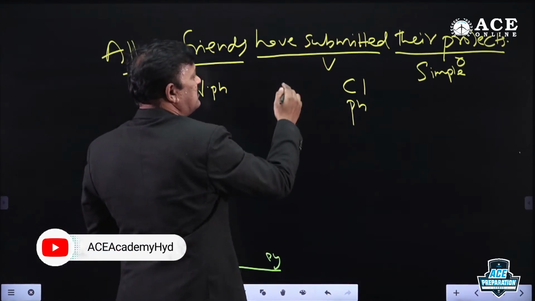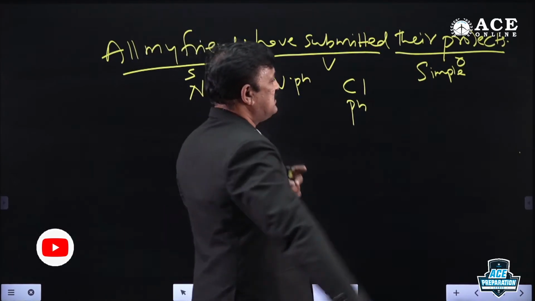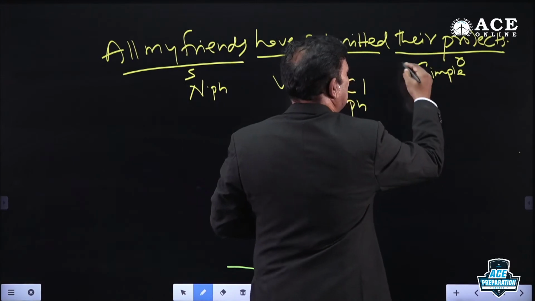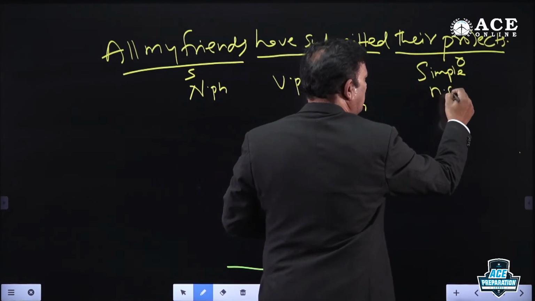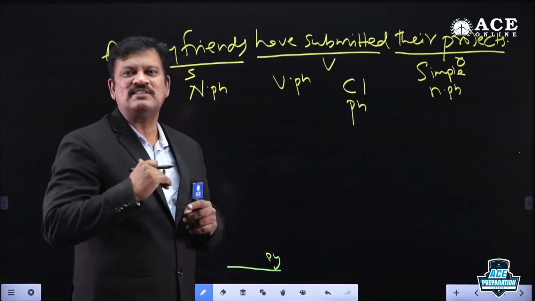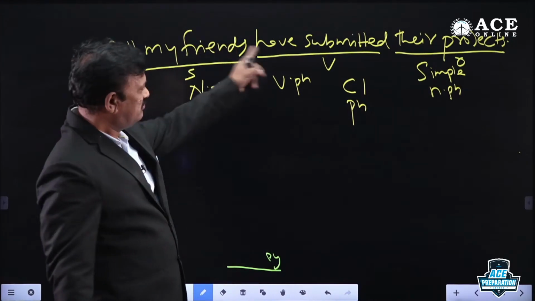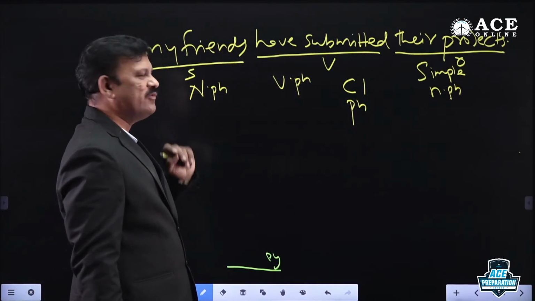I have a group of words, obviously this is a verbal phrase, and their projects, in object position, is also a noun phrase. Okay. So we have come to the second stage.